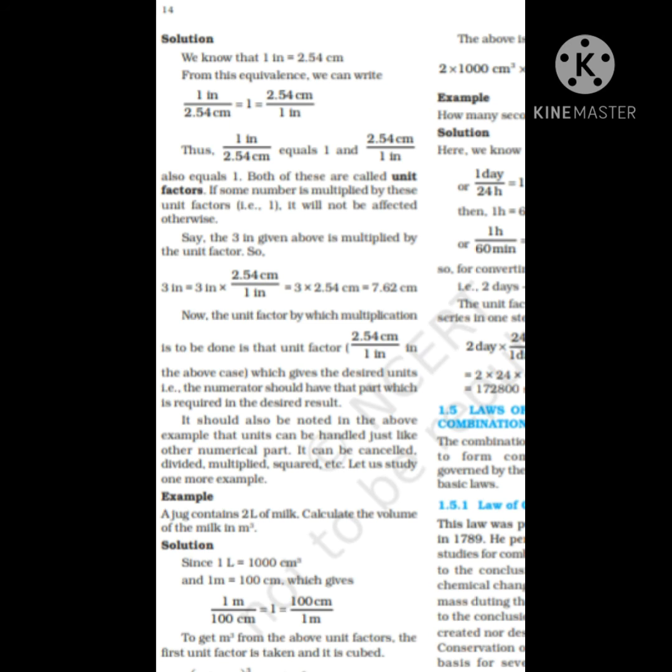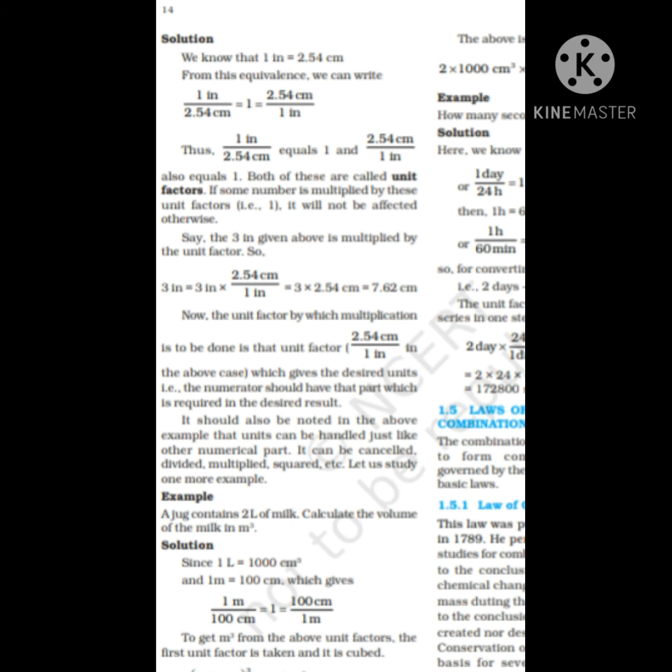Thus 1 inch by 2.54 centimeters equals 1, and 2.54 centimeters by 1 inch also equals 1. Both of these are called unit factors. If something is multiplied by a unit factor, its value will not be affected.